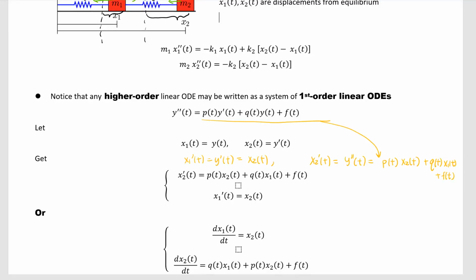So you can see we have a system of first order linear ODEs. It's linear because you can see x1 and x2 there, and the coefficients only consist of functions of t. You don't have powers of x1 and x2 or products or quotients of x1, x2, etc. Okay, so let's look at more examples.